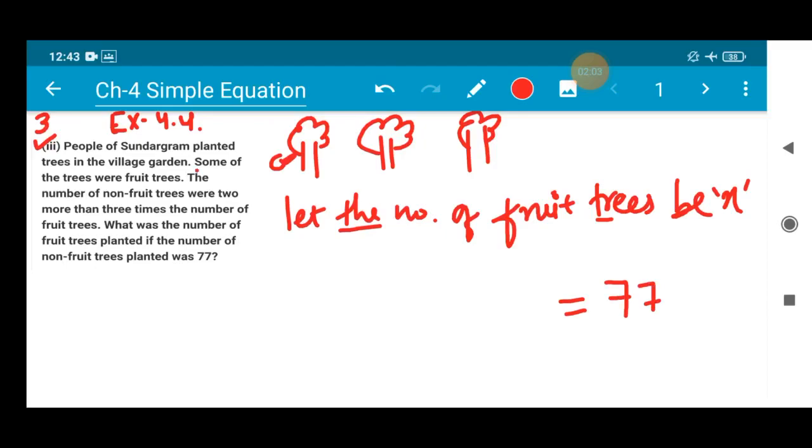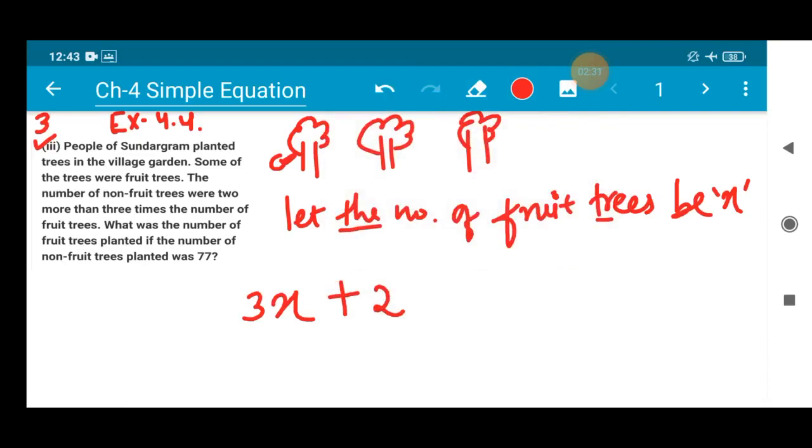Now according to the question, the number of non-fruit trees was 2 more than 3 times the number of fruit trees. So we know that the number of fruit trees is x. So according to the question, 2 more than 3 times the number of fruit trees will give us 77.